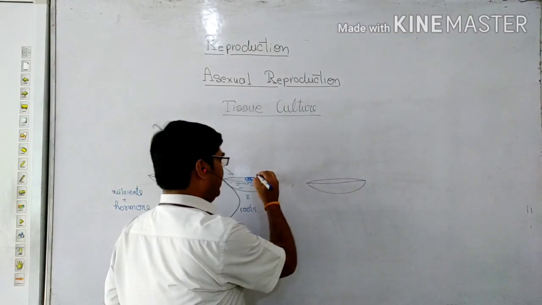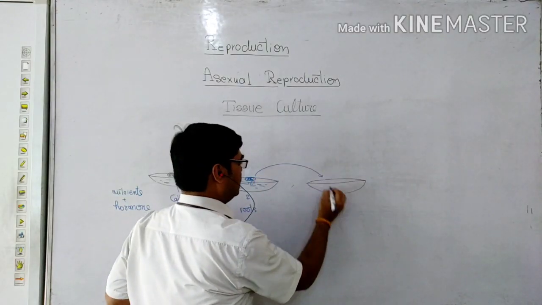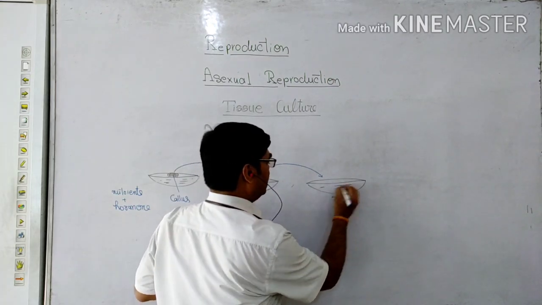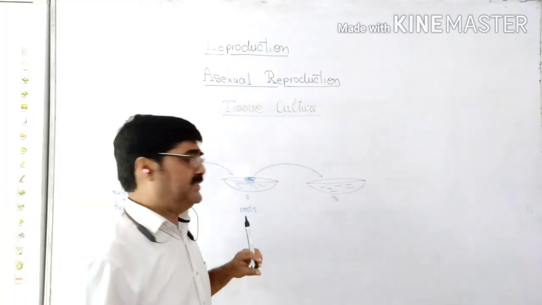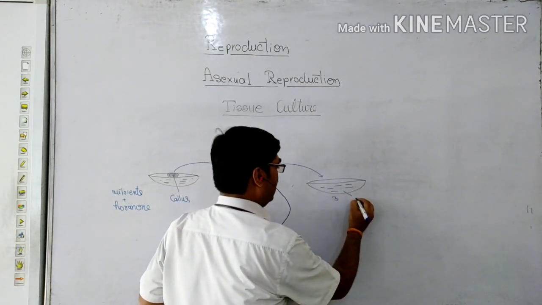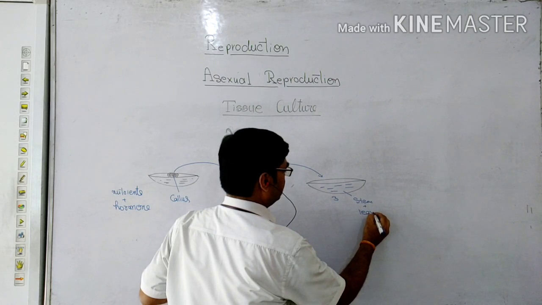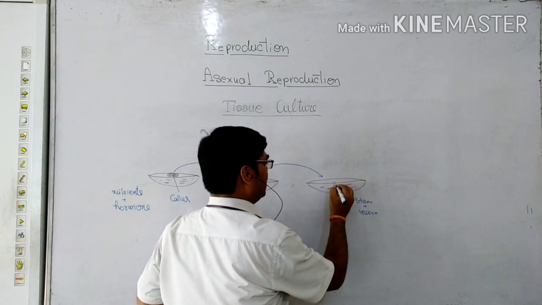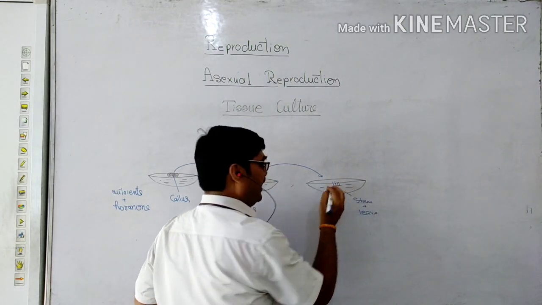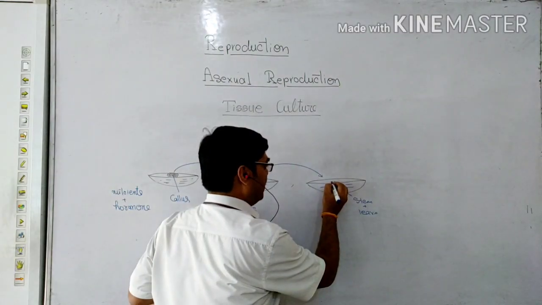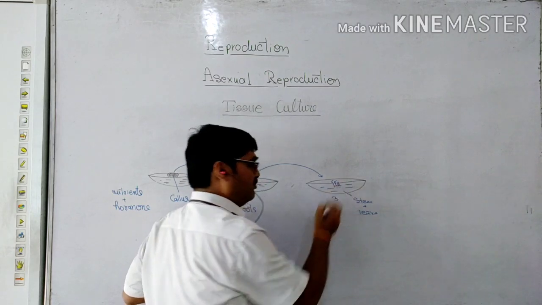Now we transfer it into the third medium. Here it has the nutrients and hormones needed for the development of stem plus leaves. So here you will get very fine, very small plants having small leaves and roots.